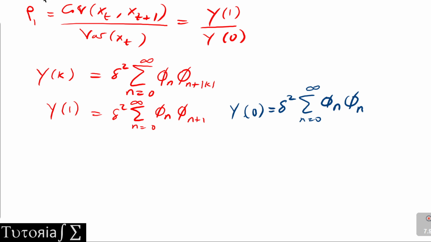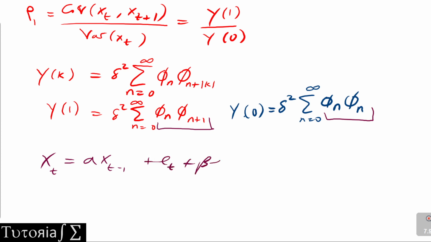But the question is, how do we get these constants here? To get them, we have to use the given definition: x_t equals a x_{t-1} plus e_t plus beta e_{t-1}.